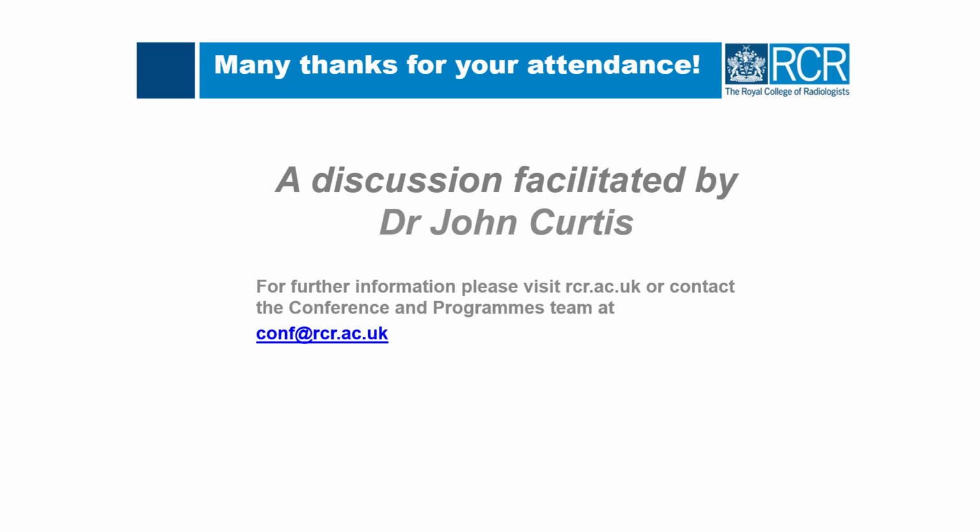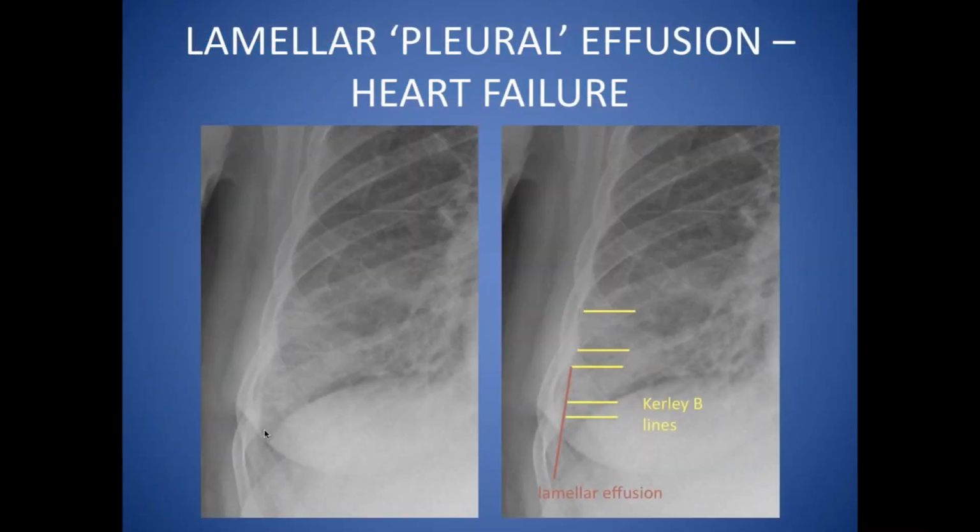Could somebody kindly show the lamellar effusion again? Okay, I'll try and do that. Hopefully you can all see this. What happens is interlobular septa become thickened because they've got lots of fluid because of pulmonary venous tension.